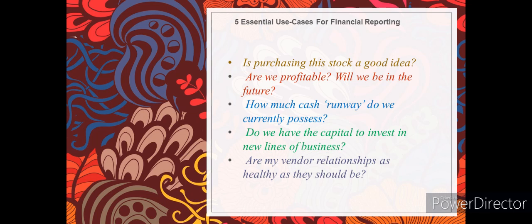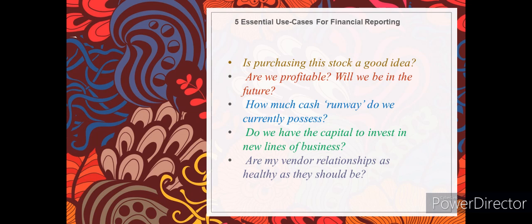By seeing that, we will know whether we are profitable or not, and if we are profitable in this current year, whether we will be able to gain that profit again in the future. This financial reporting shows this information.